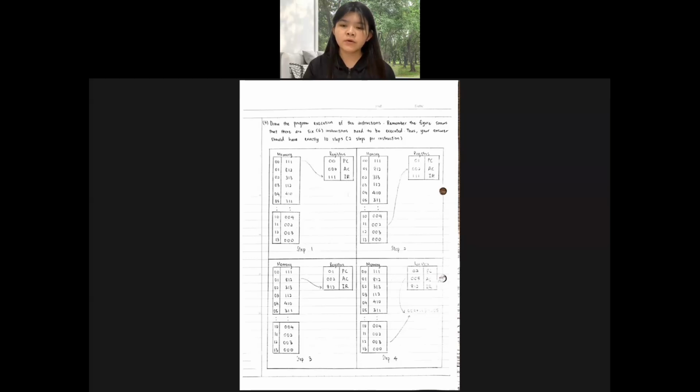And step 4, we do an addition in the AC, where we add the value of AC with the value 003 from memory address 12, which gives 005, and we store it back into AC.